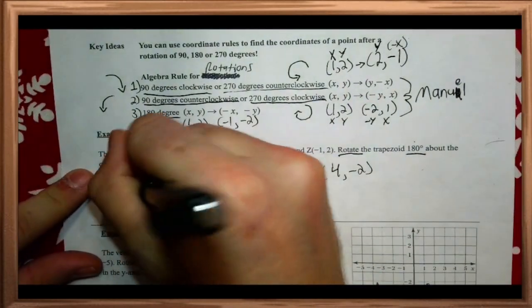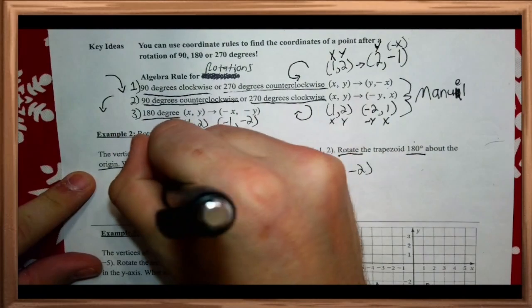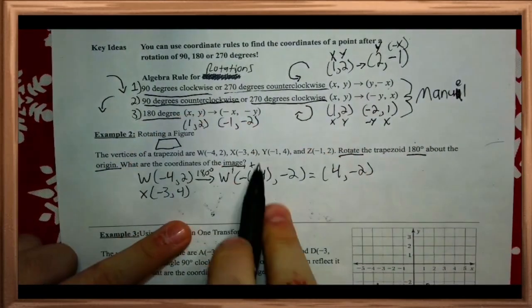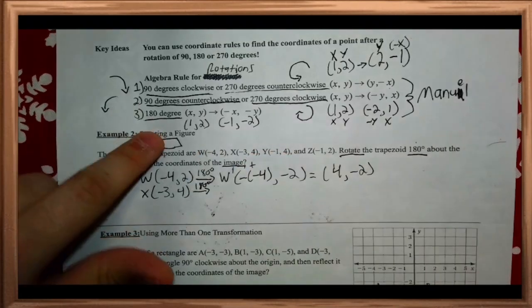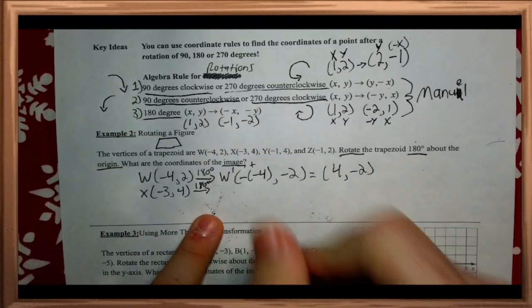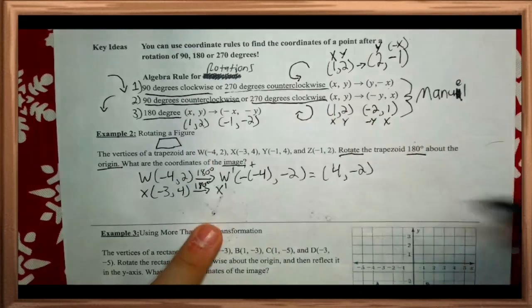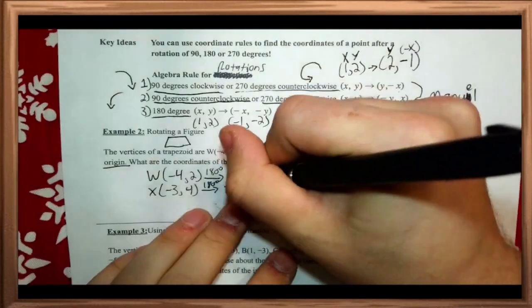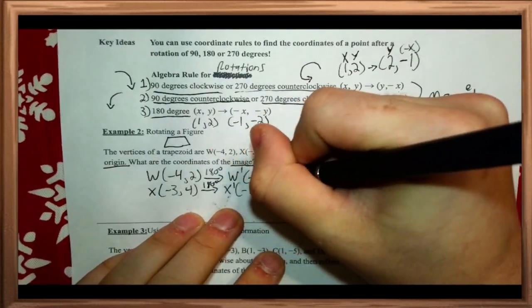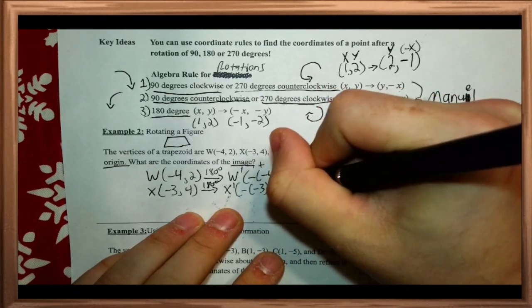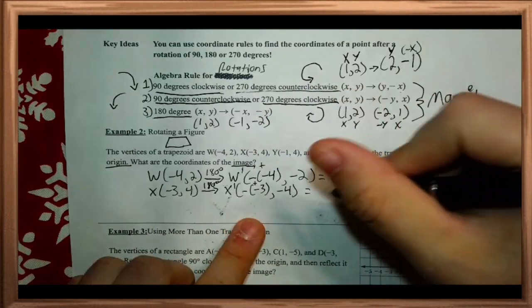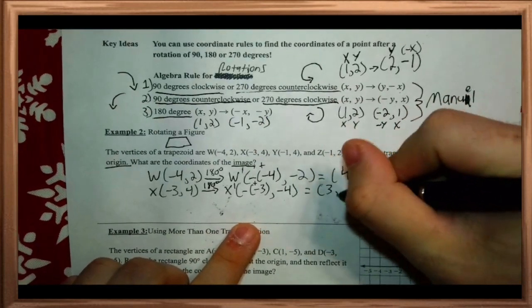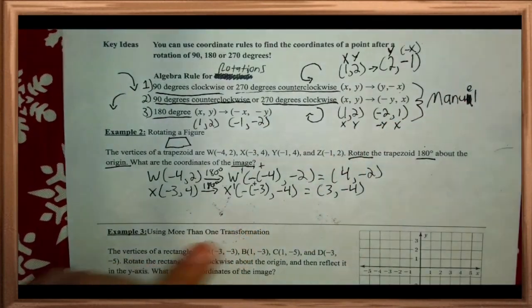So x we have is negative 3, 4. We do the 180 degrees, right? We use that step that we talked about. So x prime is going to look like negative 3, negative 4, which, like we just did, that goes to positive. So we have positive 3, negative 4.